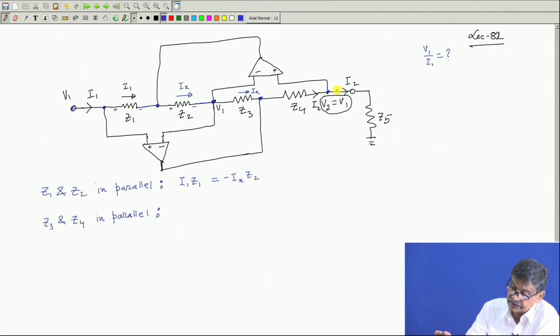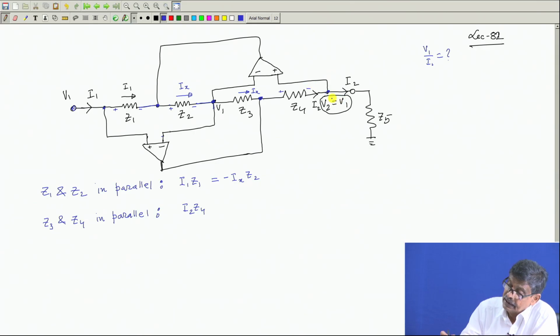Therefore, they may be considered to be in parallel, and we will then have the potential difference between these 2 points as I2 into Z4, this side plus, this side minus.